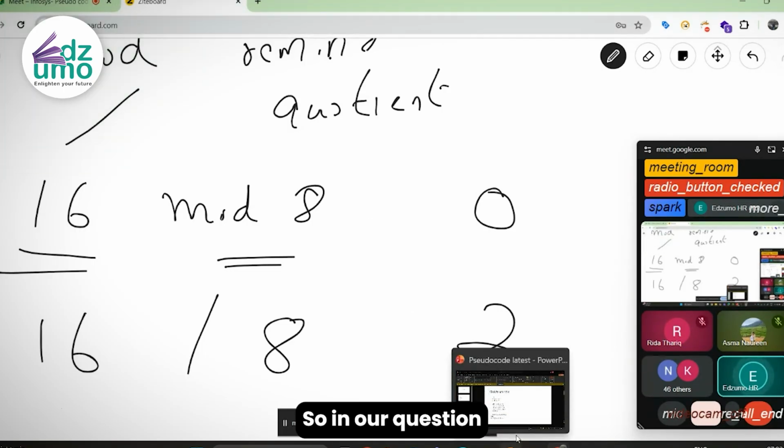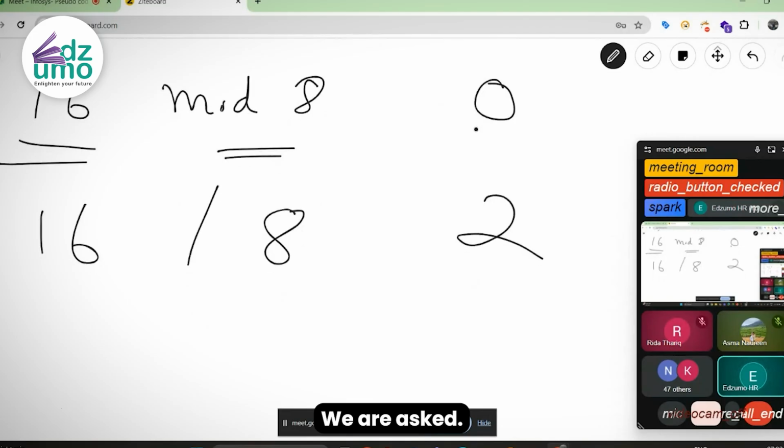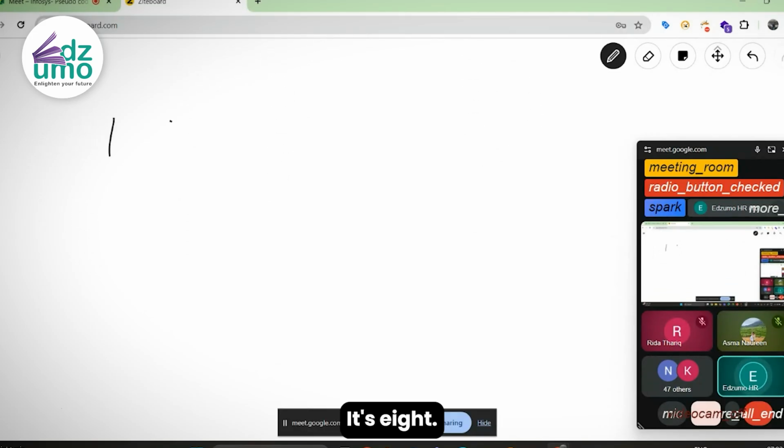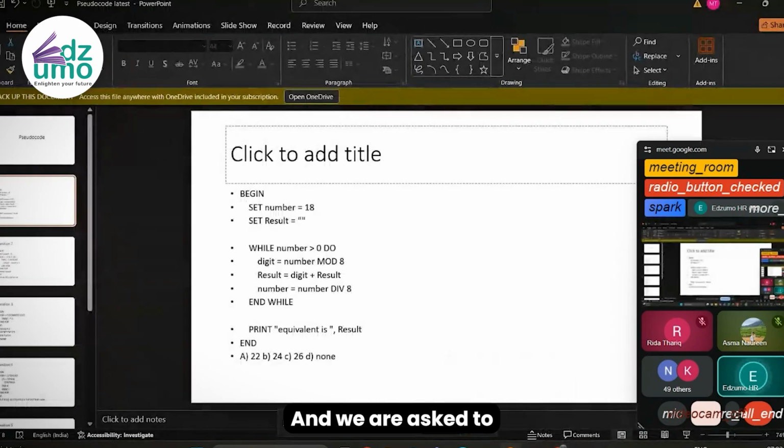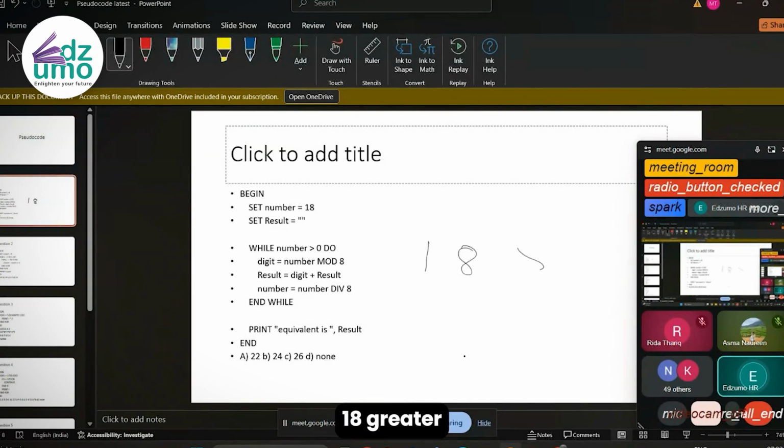So in our question, what is given? We are given that number is stored as 18, and we are asked to find the result. While num is greater than 0, that means 18 is greater than 0, right?